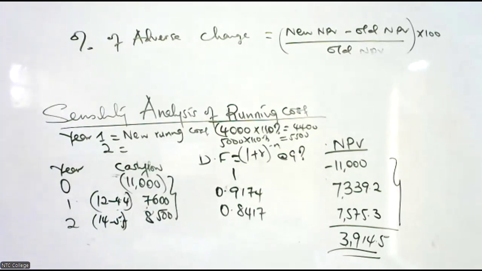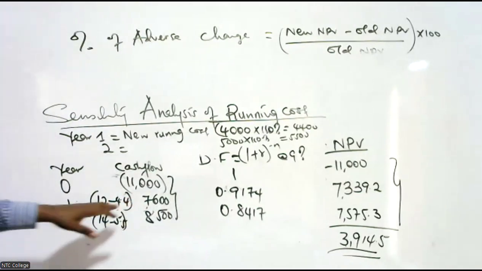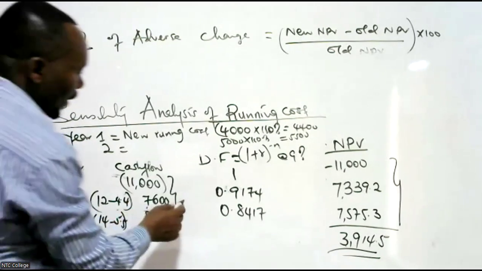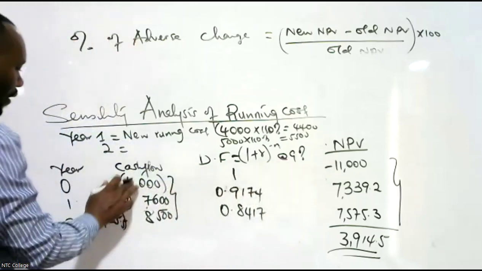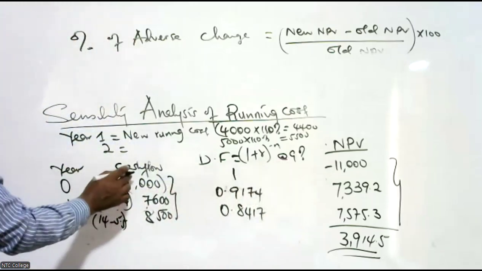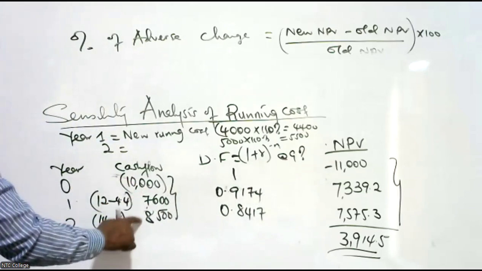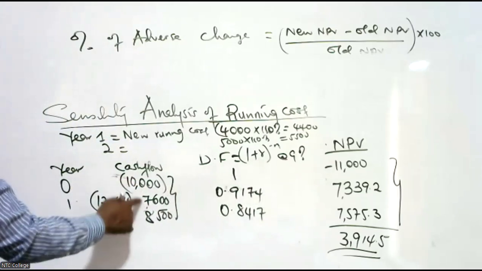Now those two become the new profit or cash flows. So if they are the new cash flows, you can now calculate. This one remains constant. Initial outlay was 10, it remains constant as 10. Only these two have changed because that is where the running costs are affected.